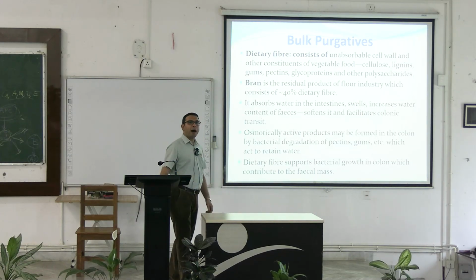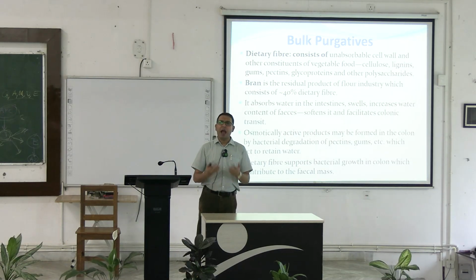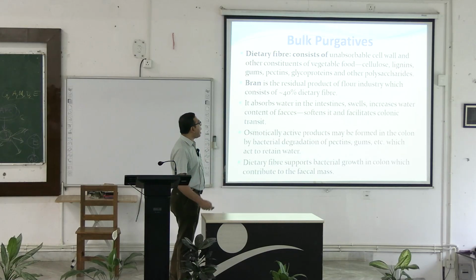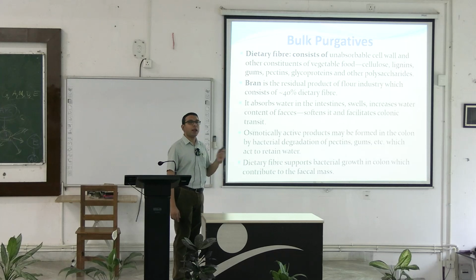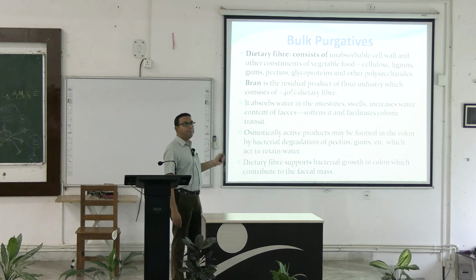First, starting with the bulk purgatives or bulk laxatives, most commonly different types of dietary fibers. These are basically unabsorbable cell wall and other constituents of vegetable food like cellulose, lignins, gums, pectins, glycoproteins and other polysaccharides. For example, bran.